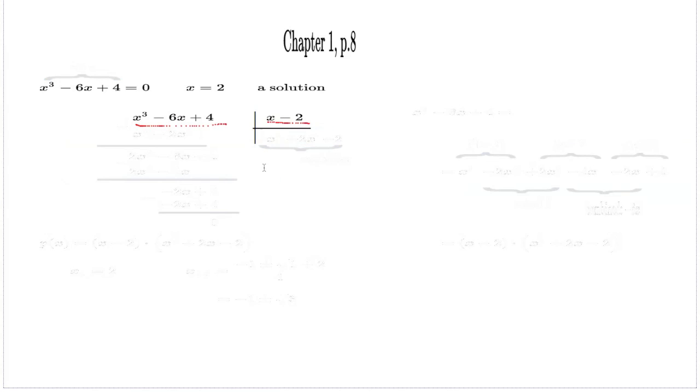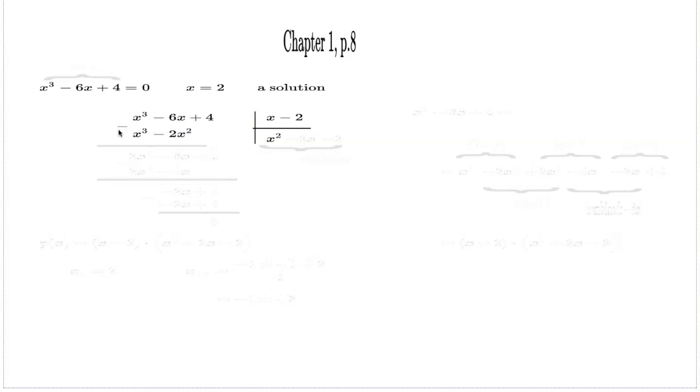First you take x squared here, because if you multiply x squared across this polynomial, the result of that will be x cubed, negative 2x squared.